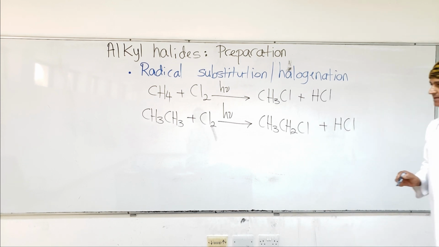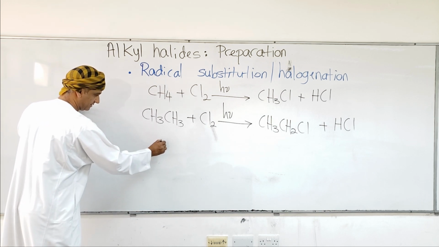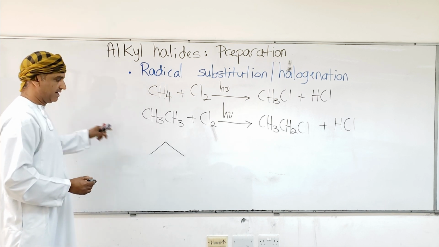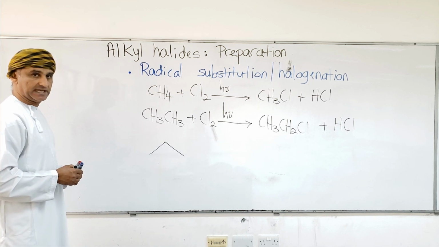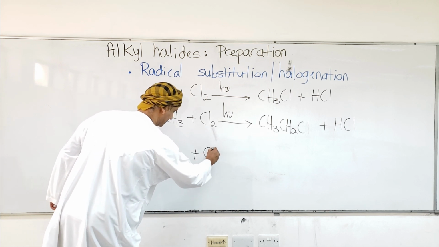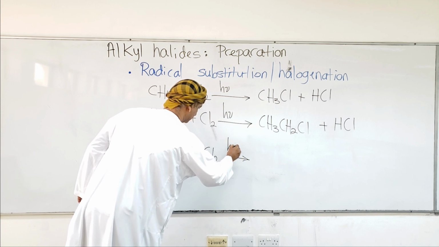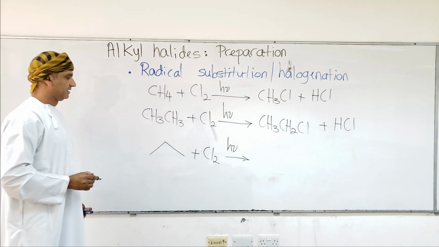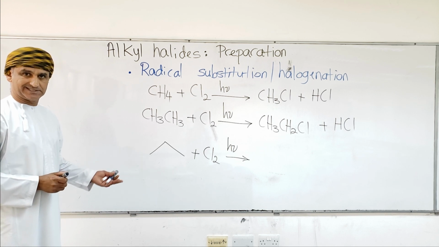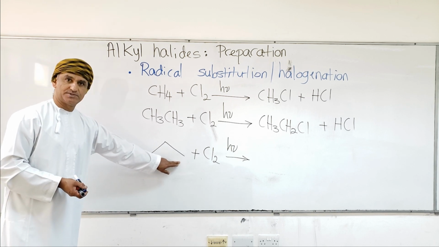All right. Now, if propane reacts with chlorine, and I use the skeletal drawing this time for simplicity, in the presence of light, we expect to get two products this time, because there are two different types of hydrogens.